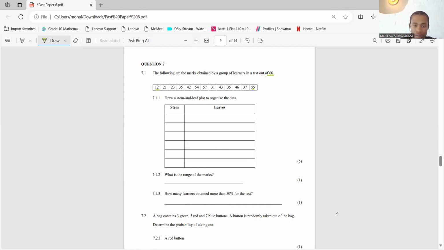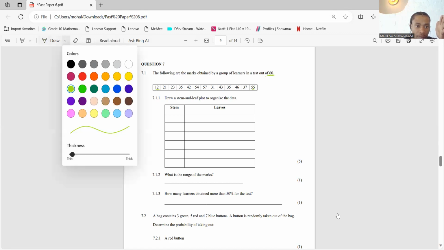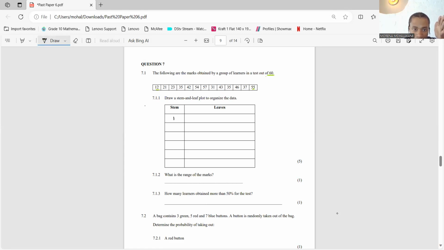Nothing else but practice. Now, the stem is going to be the tens, right? Because you're dealing with tens and units here. So the stems are going to be the tens: 10, 20, 30, 40, and 50. In the tens, you only have 12.